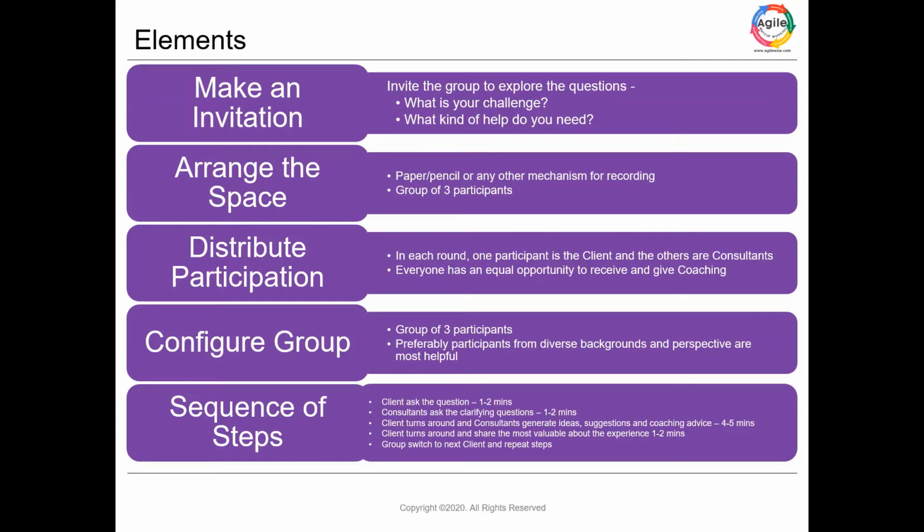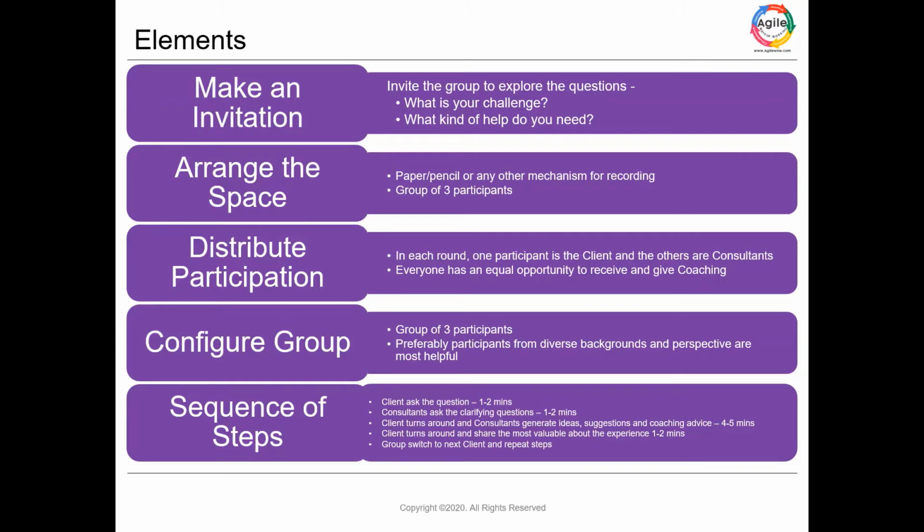The group switches to the next client, which means another participant will play the role of customer, and the other 2 participants will play the role of consultant. They go one after another, so everyone gets an opportunity to play the role of customer as well as consultant. This is how it works.